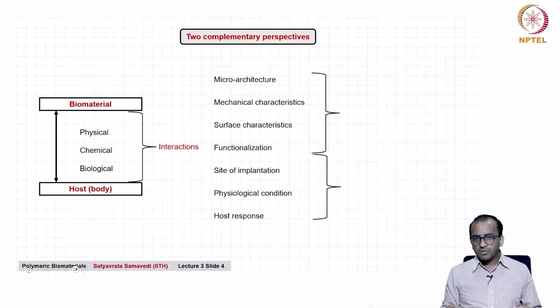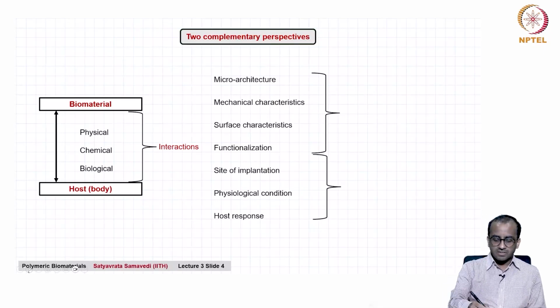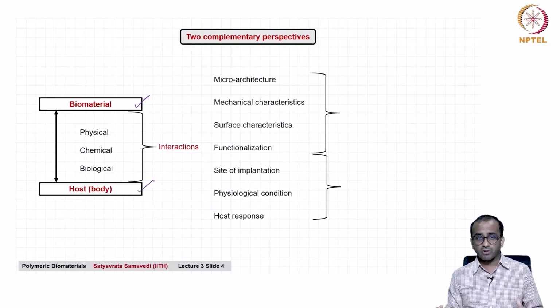At this point, we also look at two complementary perspectives. This is something we saw in the previous lecture also, which is to say that you have a biomaterial and then you have the host or the body, which is the biological system, a complex biological system.